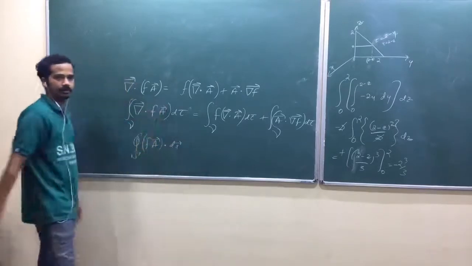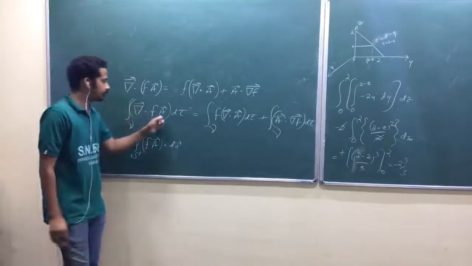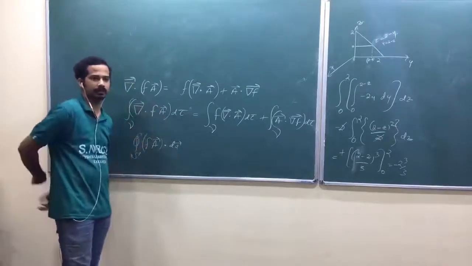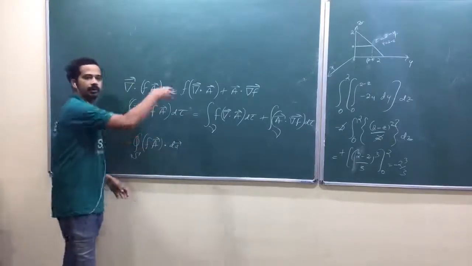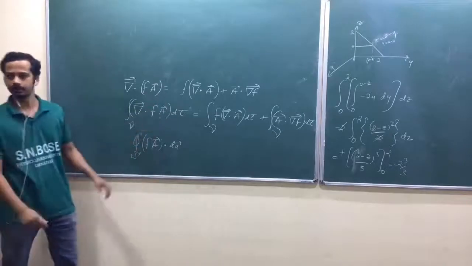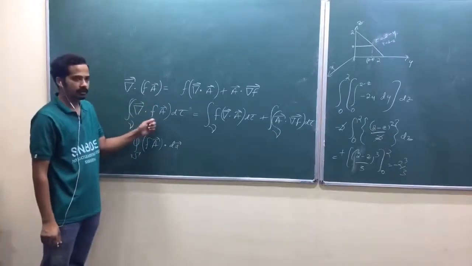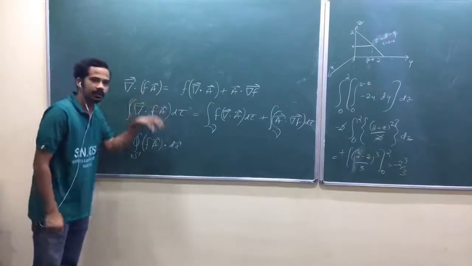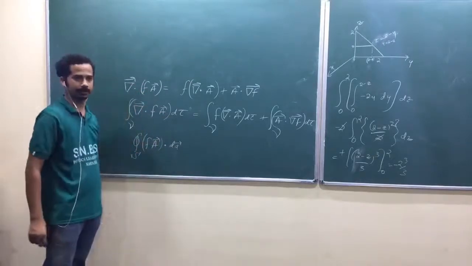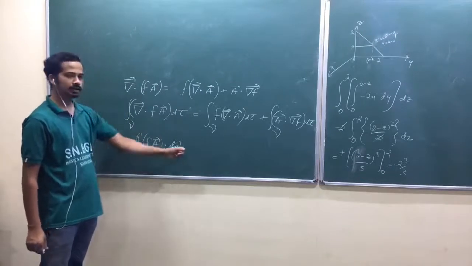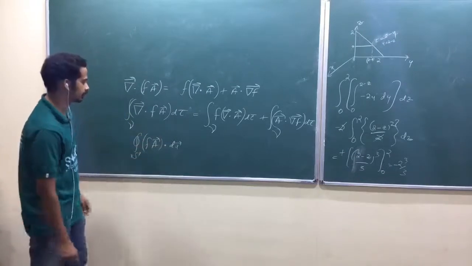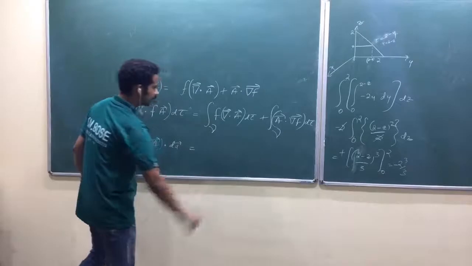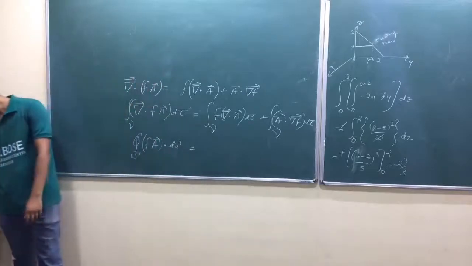A vector field multiplied with a scalar becomes again a vector field only. Each of its components, Ax, Ay, Az, is multiplied with f, that's it. That's again a vector. You can take a surface integral of that vector. That's our Gauss theorem. Now look here, that's equal to the other part.